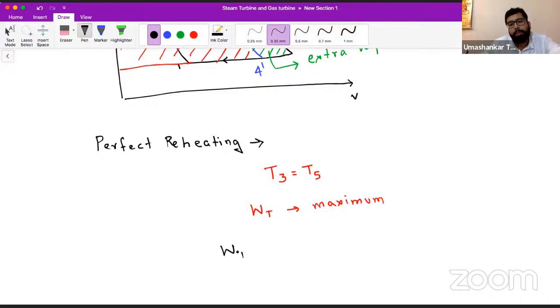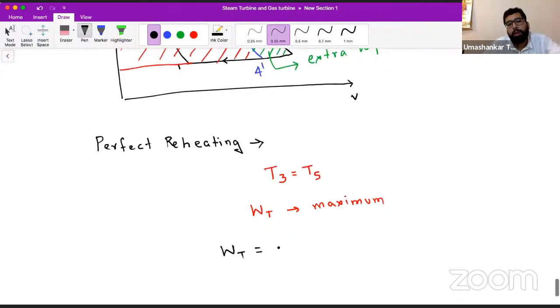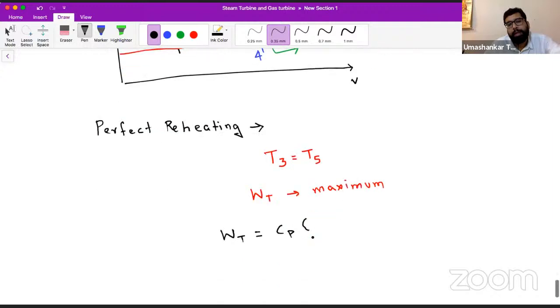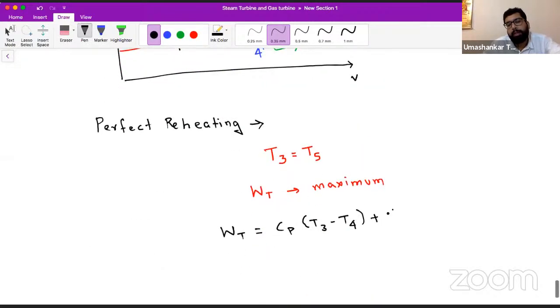We can derive the expression. We can write turbine work. Turbine work is Cp (T3 minus T4) plus work happening in the second stage, Cp (T5 minus T6).